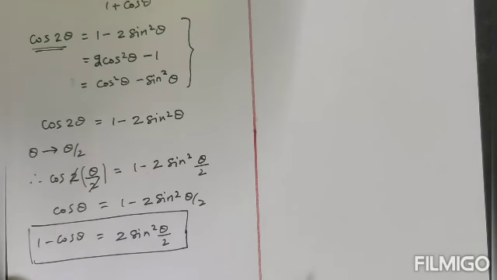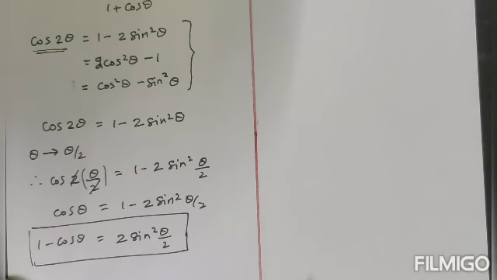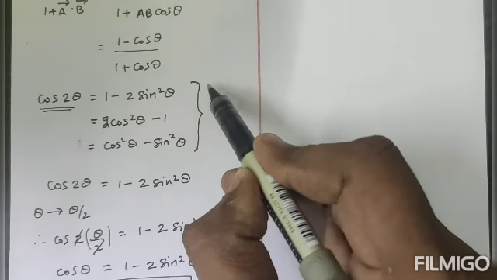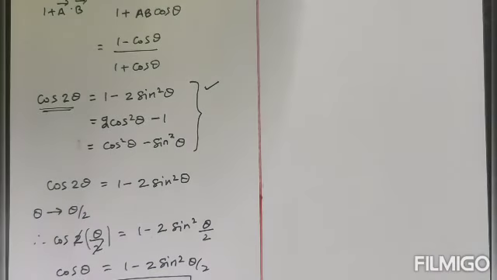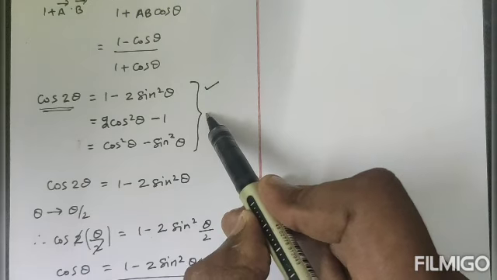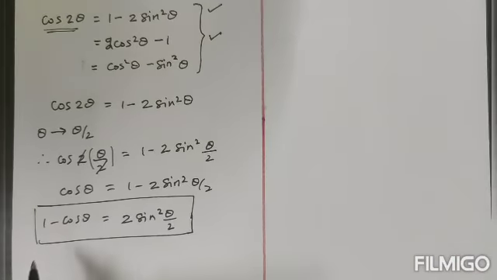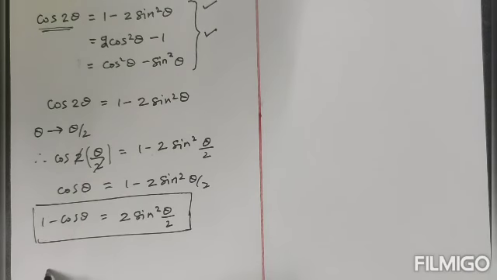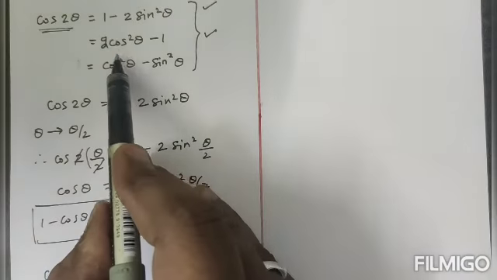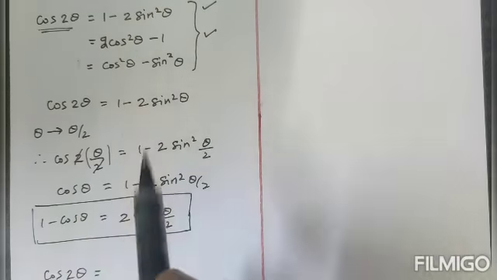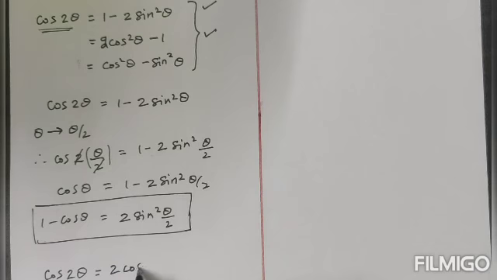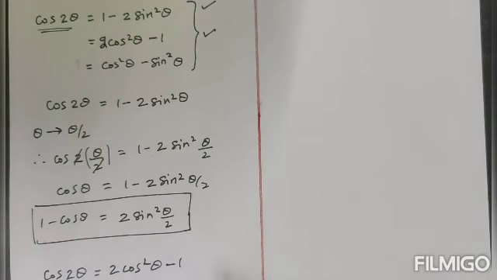Like that, let's refocus on the denominator value. By using the first formula we found the numerator value; like that, we are using the second formula. Let's take the second formula with the same idea. Second formula: cos 2 theta equals 2 cos squared theta minus 1.